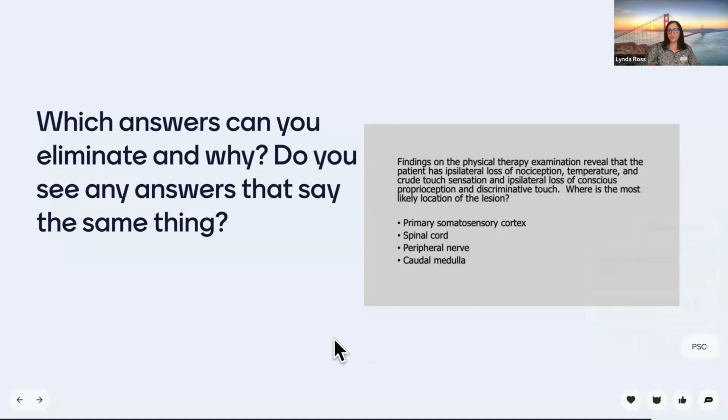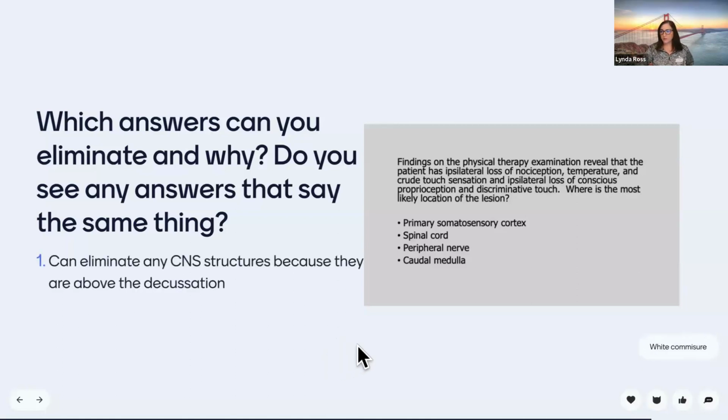Because which sensory tract crosses in the caudal medulla? DCML, okay. Where does the spinothalamic tract cross? In the spinal cord, the white commissure.